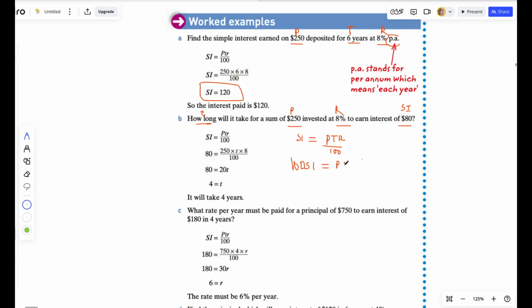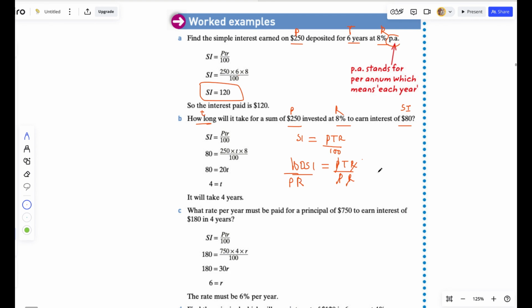Since I'm looking for time, I'll divide both sides by PR, which is principal times rate. On the right, the PR in the numerator and the denominator cancel each other. So time remains. Time is 100 times the interest divided by principal times rate.